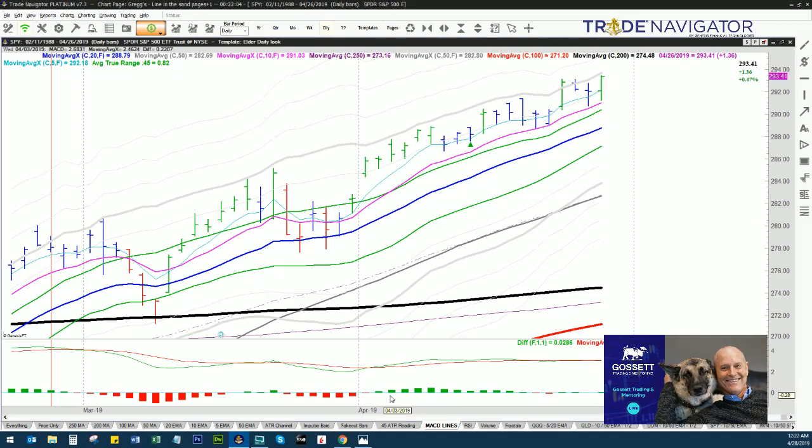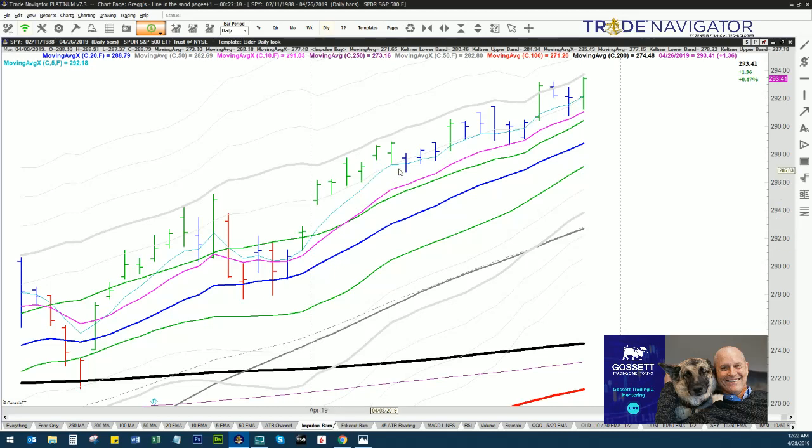I hope that makes sense. So this bar here is blue. Why is it blue? Well, it means that either one, the slope of the 13-day moving average is not positive anymore, or the MACD histogram bar was lower than the previous bar.